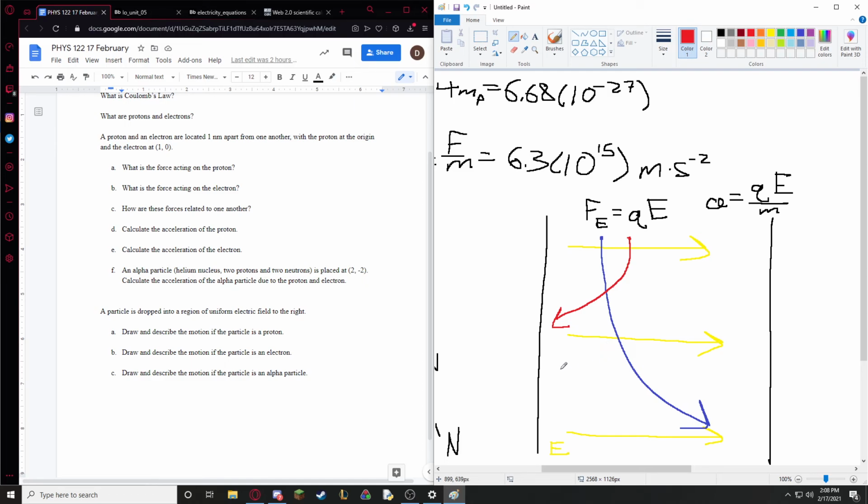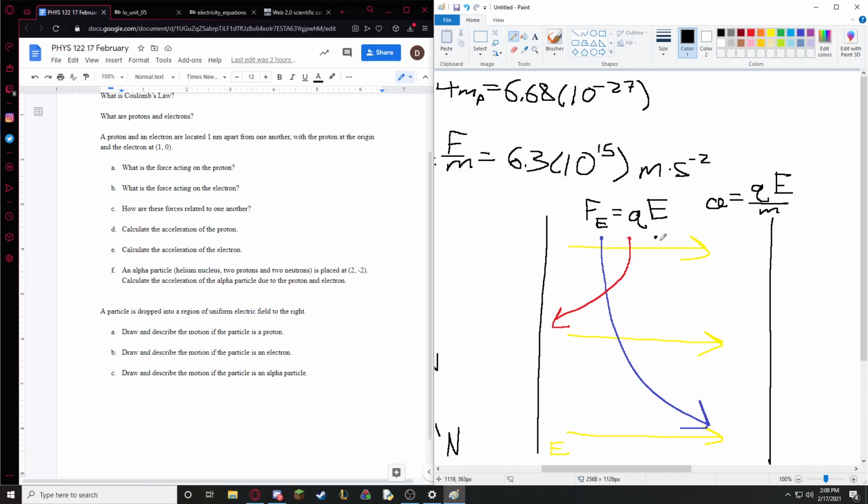So now we're going to go ahead and drop an alpha particle into this electric field. What is the motion of our alpha particle going to look like relative to our proton? It would curve off slower. Wait, actually, would it curve off slower?